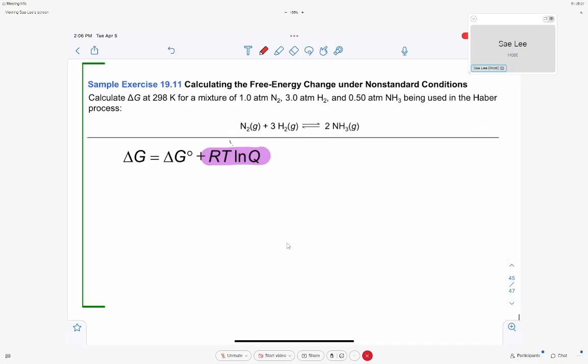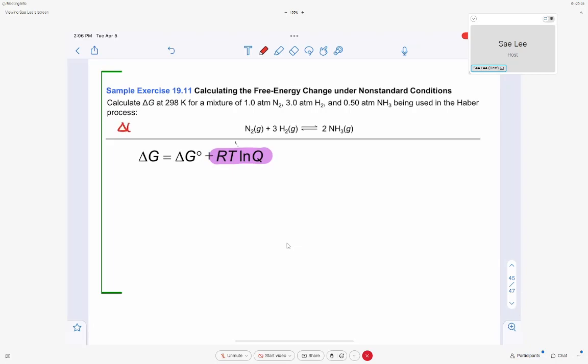And please add a note: the delta G naught, the standard Gibbs free energy for this process, has already previously been calculated to be negative 33.3 kilojoule. All right, so now we have all the information we need. We just have to do some math to find the delta G at non-standard state.